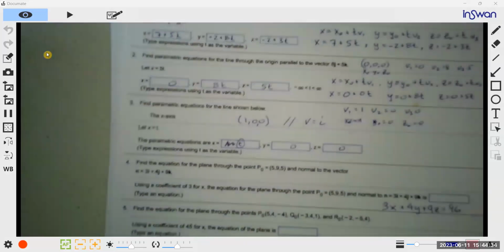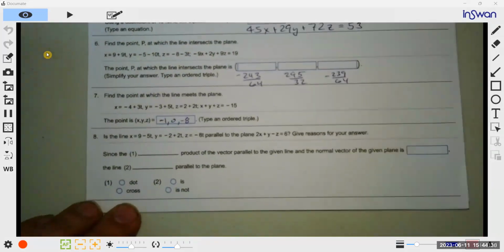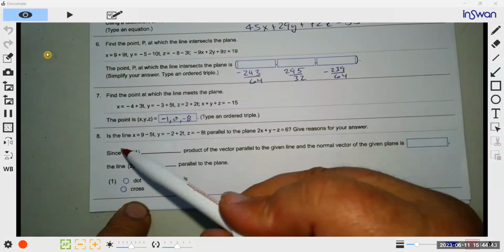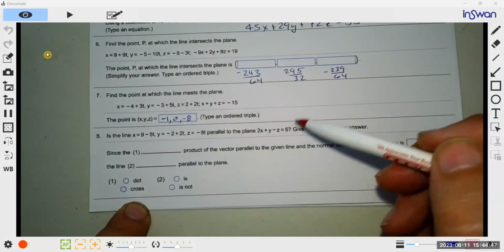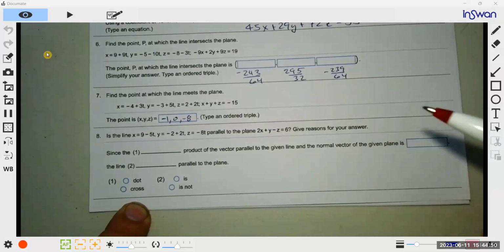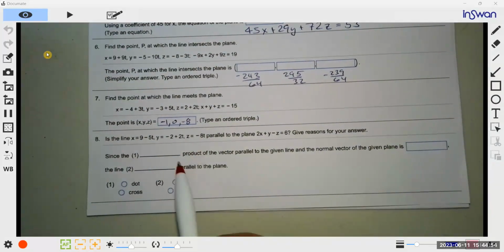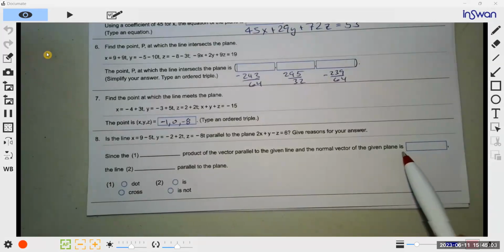Number 8. Is the line parallel to the plane? Give the reason why. Well, we use the dot product of the vector parallel to the given line and the normal vector of the given plane.